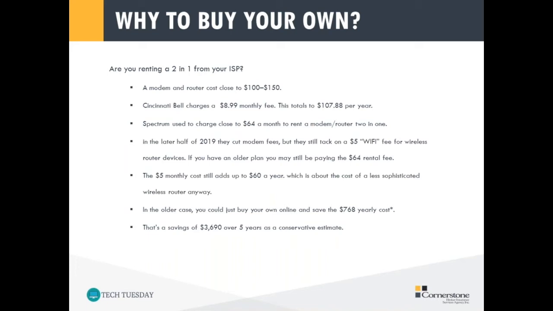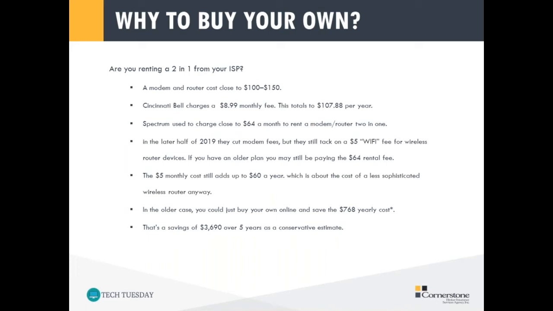In the latter half of 2019, however, I do have to say Spectrum did cut these fees. However, they still tack on, for some reason, a $5 Wi-Fi fee if you're using a wireless router. If you have an older plan, you may even still be paying the $64 rental fee. So if you add it up, the $5 monthly cost still adds up to $60 a year, but that's the cost of a less sophisticated router anyway.